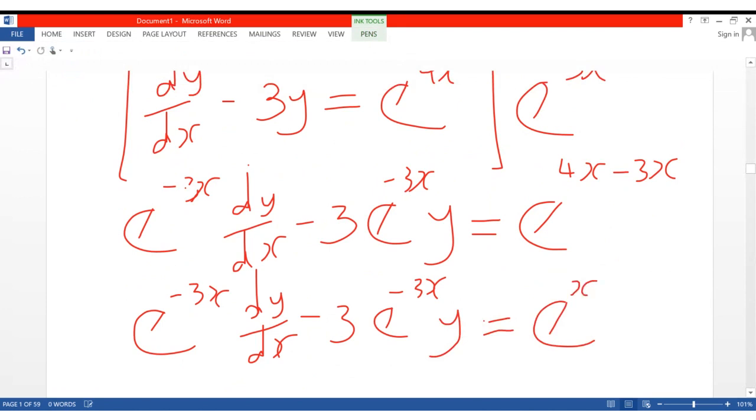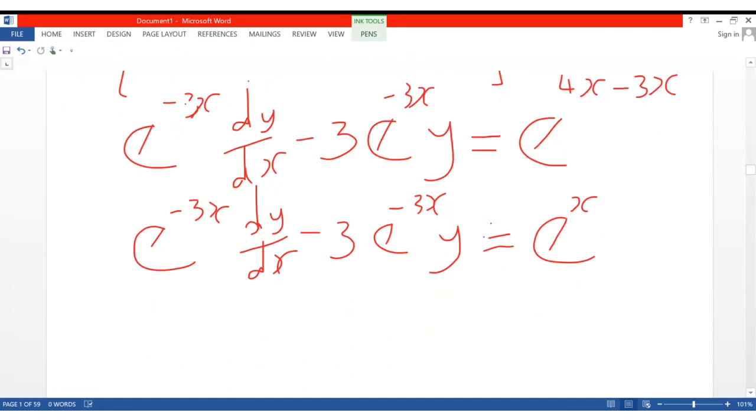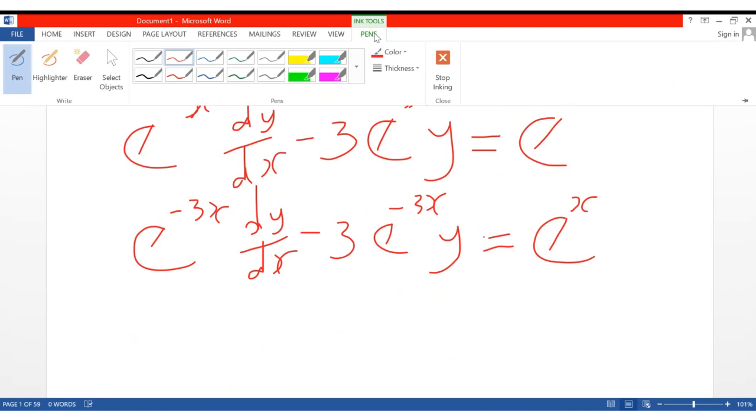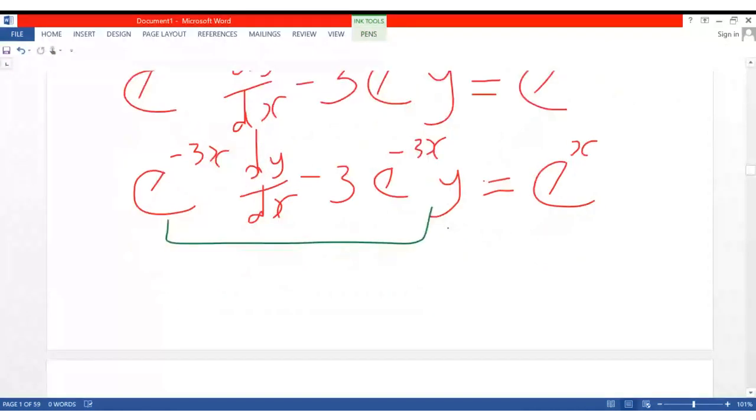Now let's deal with the left hand side. On the left hand side, we don't do any calculation. This side, the one I'm marking in green, we said I'll take the function next to dy dx, which is exponential -3x, the way it is. And on this other side, I will not take a constant, and I will not take anything that has x. I'll just take the y.